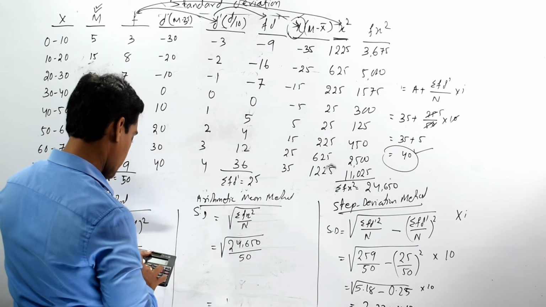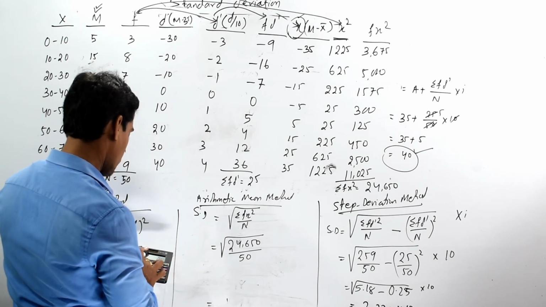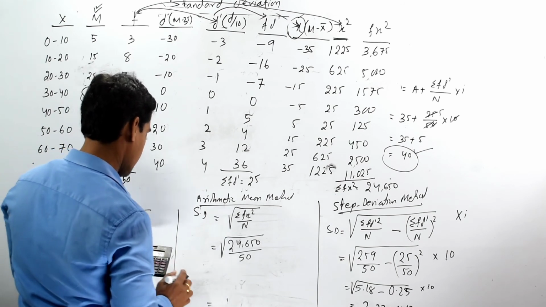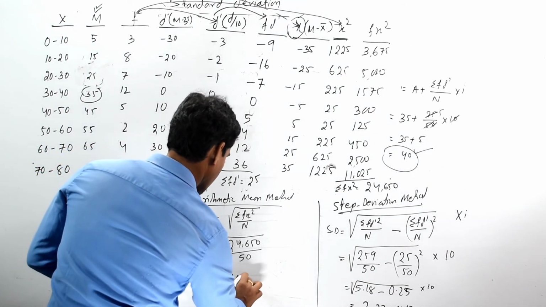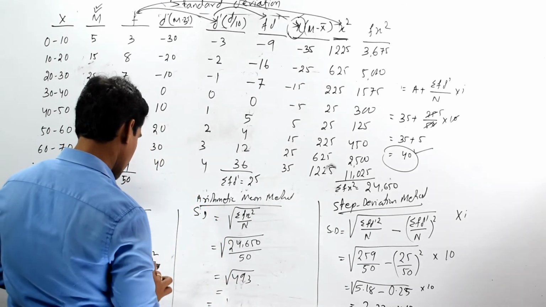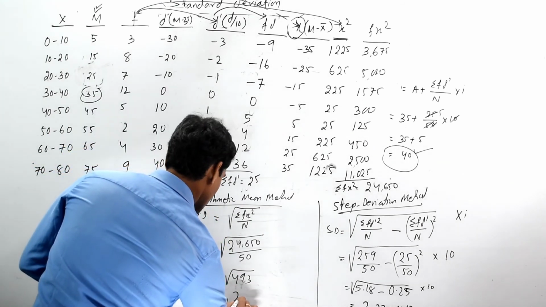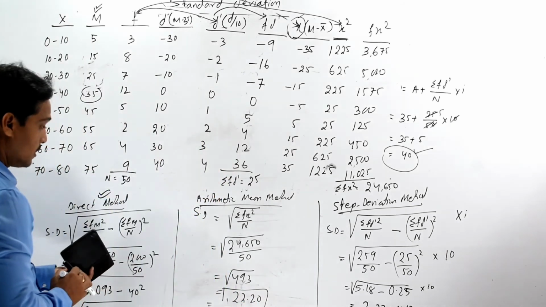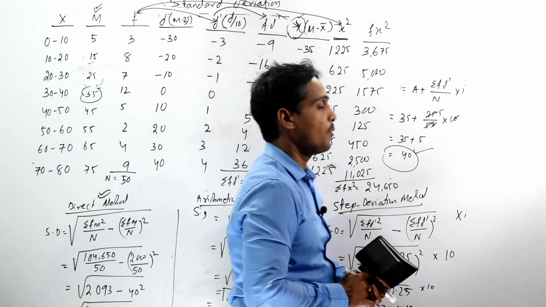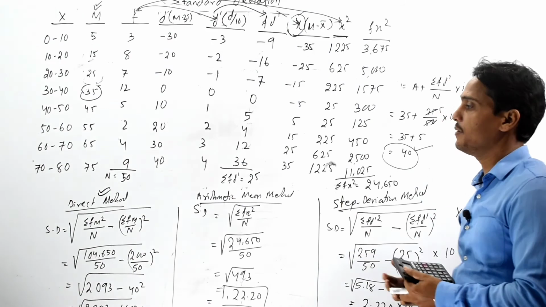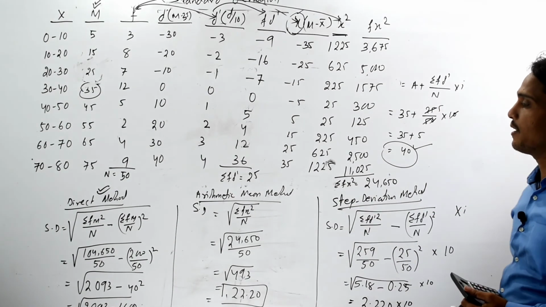So now simplifying it, 24,650 divided by 50 equals 493, and the square root of 493 equals 22.20.